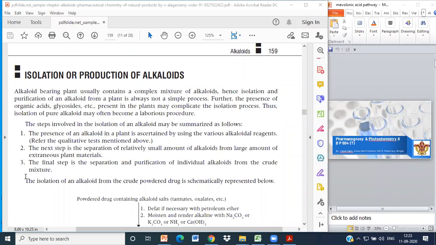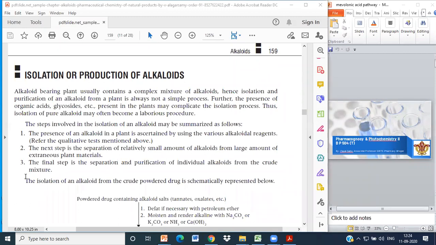You have to do the chemical test for each and every extract, to check whether the drug contains alkaloid or not. If it contains alkaloid, then these tests have to be positive. And if it doesn't, then we are going to go for glycosides or saponins or terpenoids or volatile oil, carbohydrates, the other secondary metabolites.